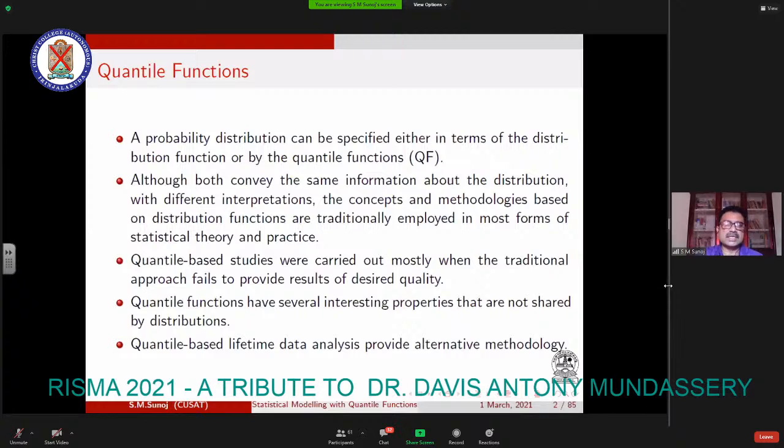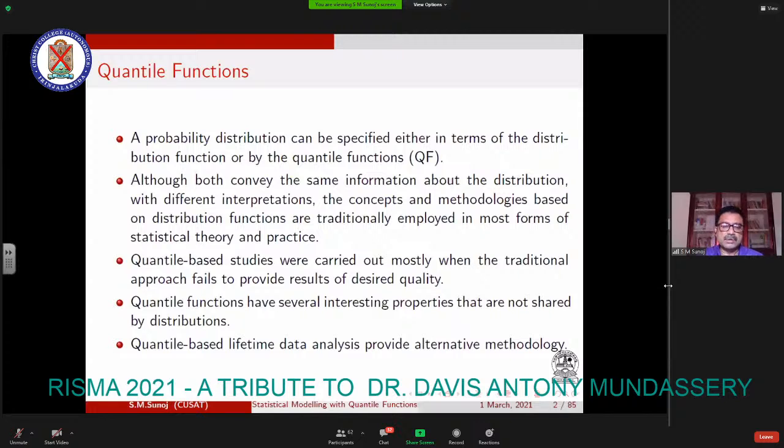Both convey the same information about the distribution, but with different interpretations. The concepts and methodologies based on distribution functions are traditionally employed in most forms of statistical theory and practice. Quantile-based studies were carried out mostly when the traditional approach fails to provide results of desired quality. We will discuss that in the coming slides.